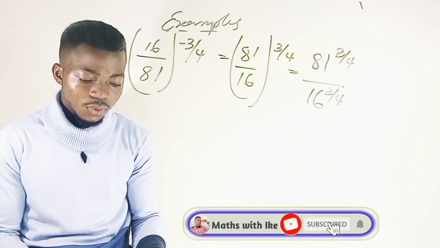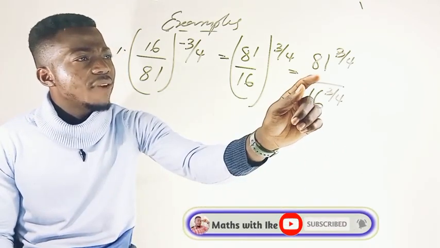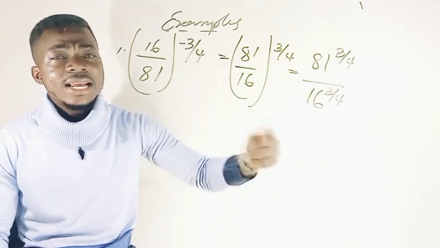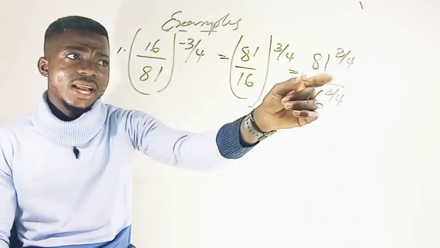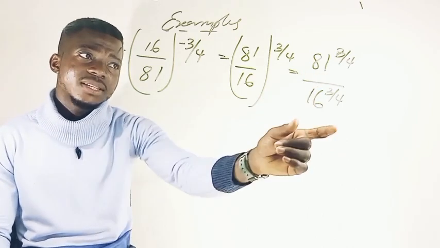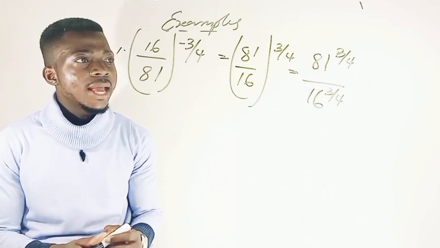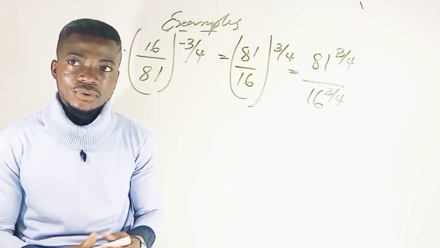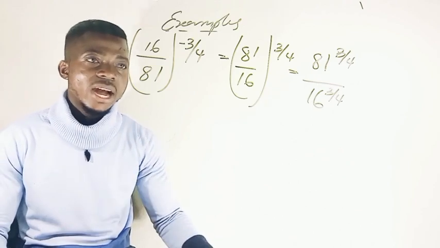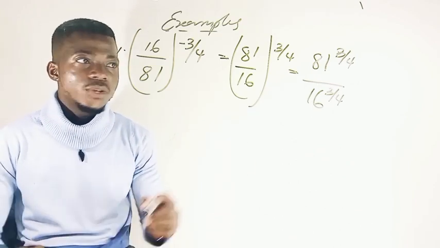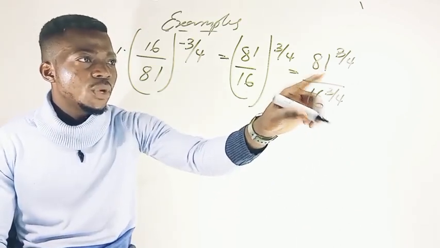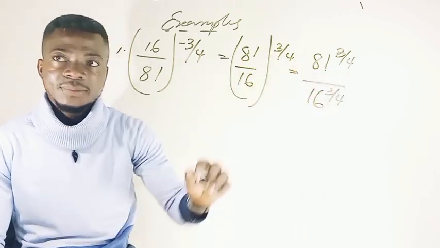Now what we have to do is to write this 81 in index form, as well as 16 can also be written in index form. 81 is 3 exponent 4, so 3 multiplied by itself 4 times will give us 81. So instead of using 81, we're going to use 3 exponent 4 so that it will match up with the exponent there.